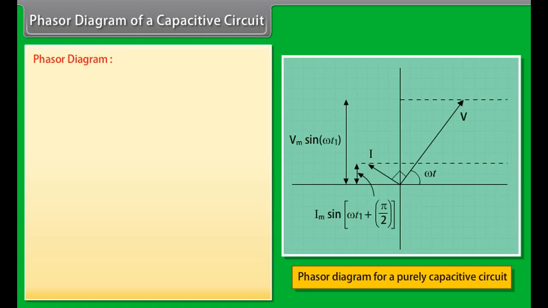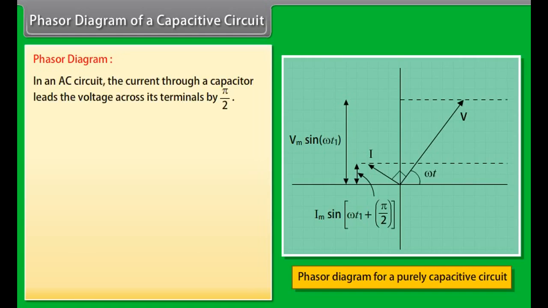Phasor diagram. In an AC circuit, the current through a capacitor leads the voltage across its terminals by pi by 2.